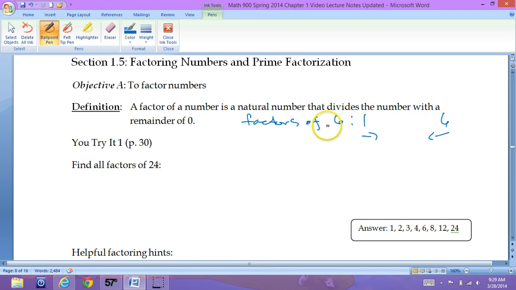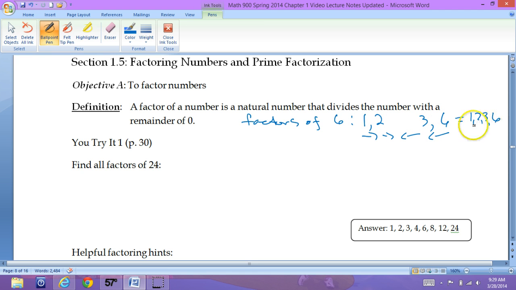So 1 times 6 is 6, and our next number is 2. 2 times what is 6? Well, 2 times 3 is 6. Once you've gotten so far in that there's no natural number between 2 and 3, then you have found all your factors.